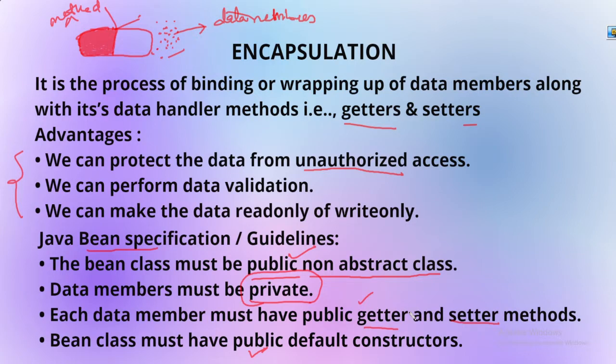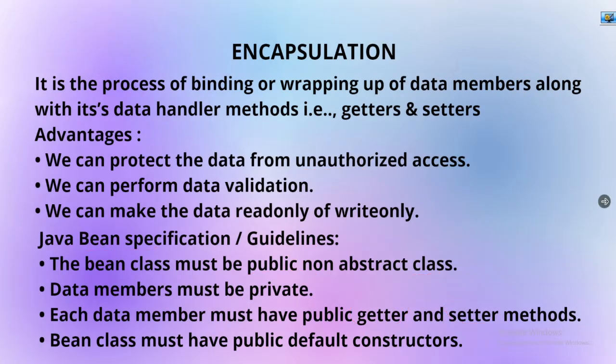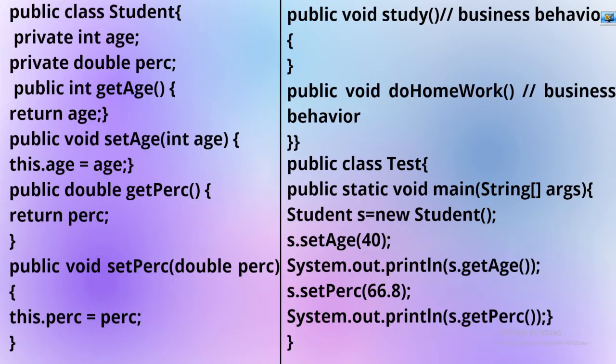Getter method means you are going to get the data from the program, and setter method means you are going to set the data for your data members in a different method. Now let us see a program and check how it works. As a student class, it is told that the class must be public and non-abstract.